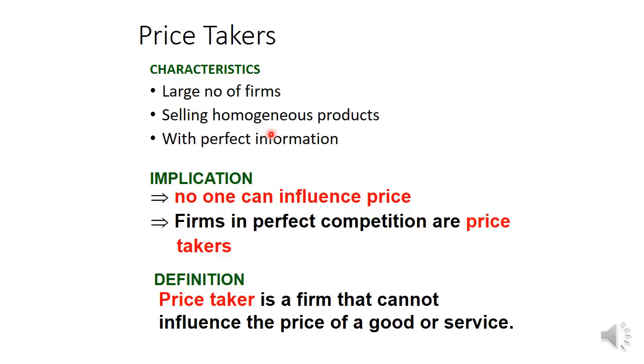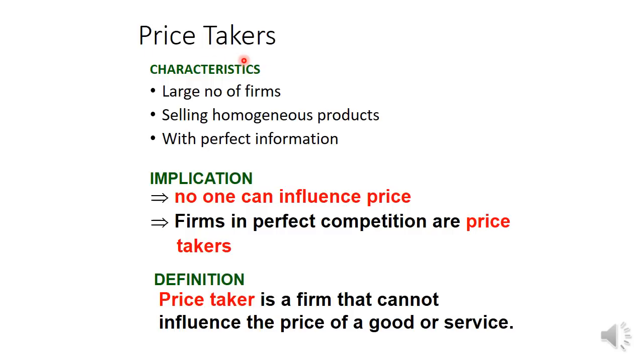There's usually a way to tell the difference between different products. So you can see that with these characteristics, perfect competition is a very ideal kind of market structure which does not exist in the real world. Now, perfect competition firms are also price takers. Sellers selling in perfect competition are called price takers.